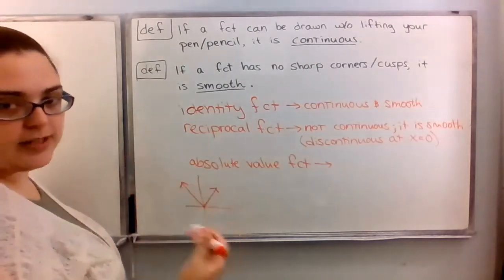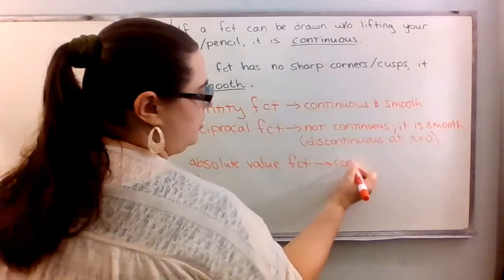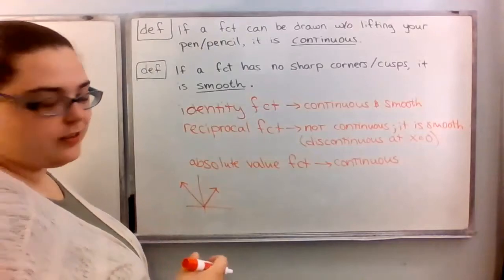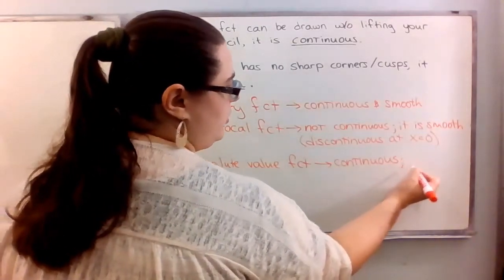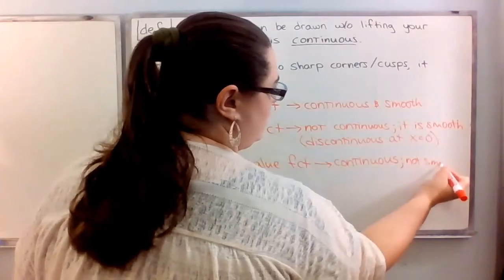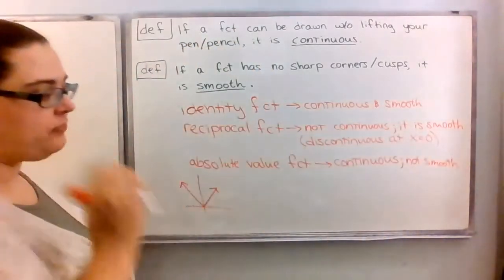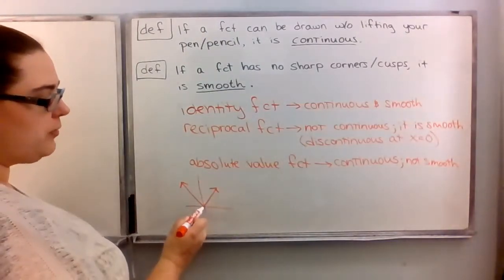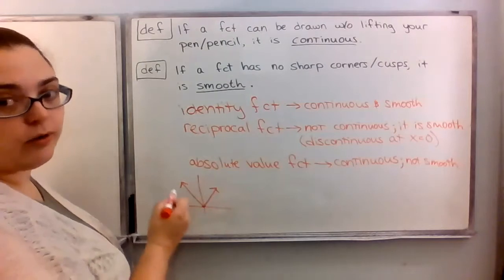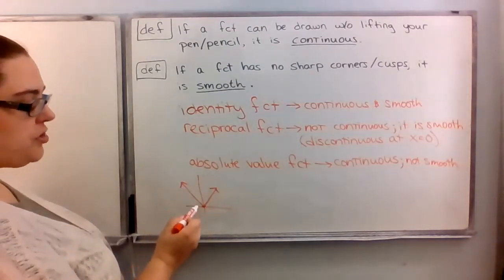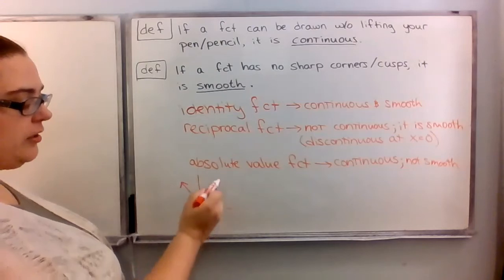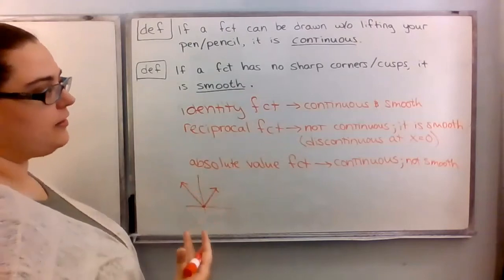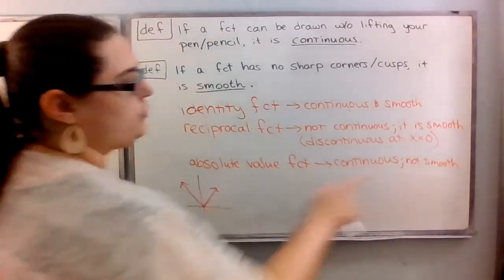So it's continuous, there's no asymptote, there's no hole. However, it is not smooth. Now, the reason the absolute value function is not a smooth function is because when it turns around, it's a sharp point, it's a corner. So it doesn't slowly approach that turnaround and kind of gradually turn through that point. It just goes boom, boom, right? So it's a sharp corner. It's like a cusp. So that means it's not smooth.